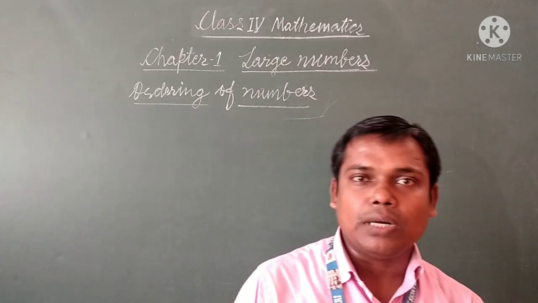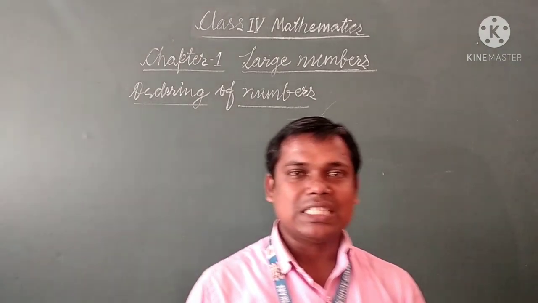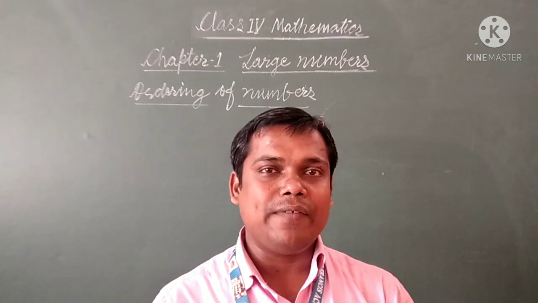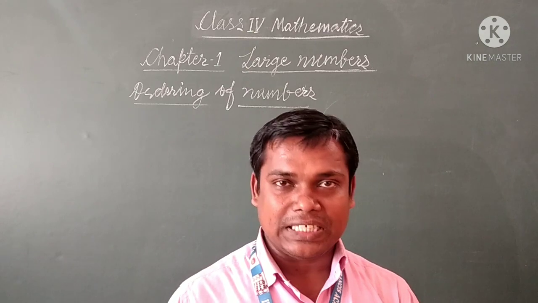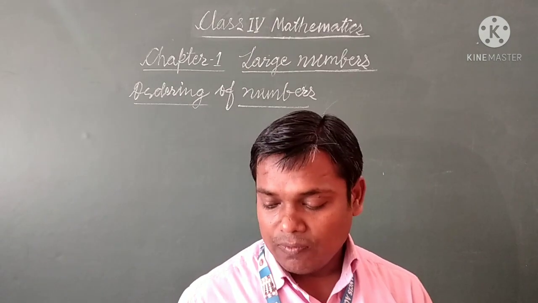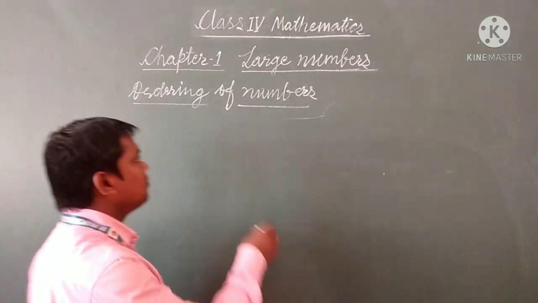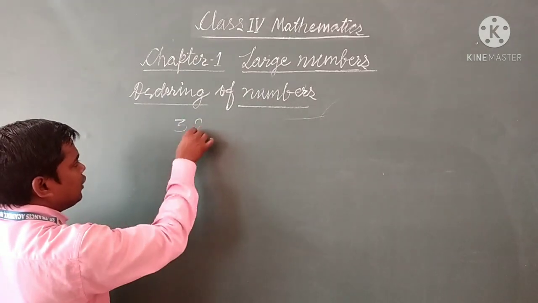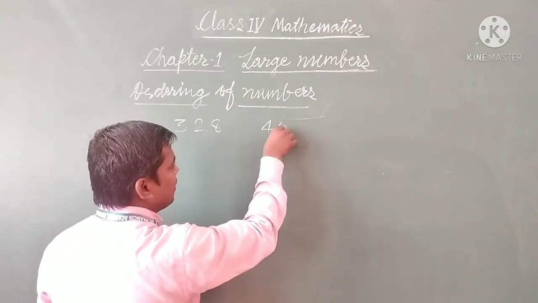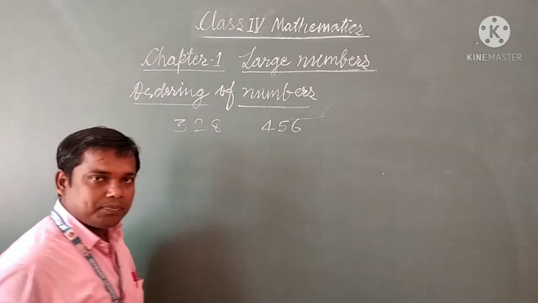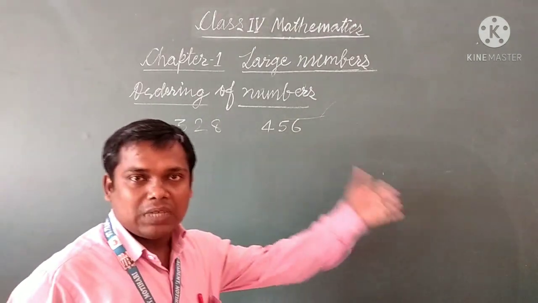To compare two numbers, if we are having both the numbers with an equal number of digits. For example, if we are having the number 328 and another number 456. Which number will come first and which will come later?